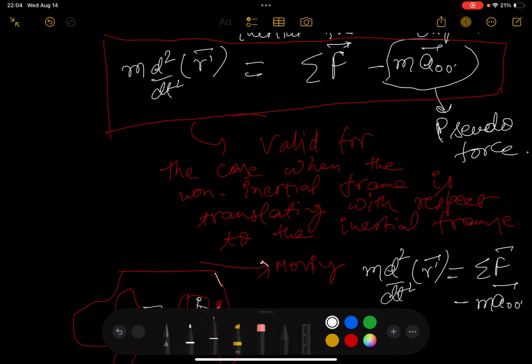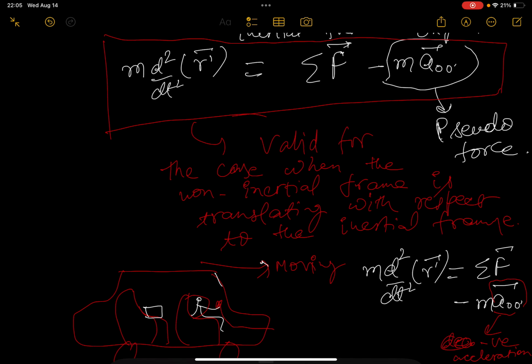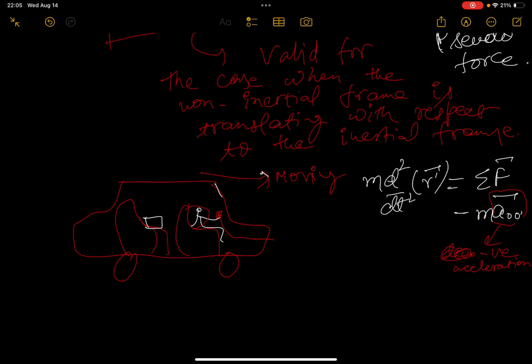And what is this? This thing is nothing but the deceleration or negative acceleration of the car when you are applying the brakes. And this summation f is 0.